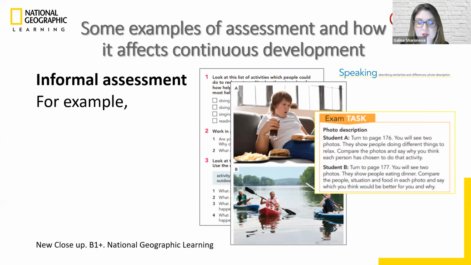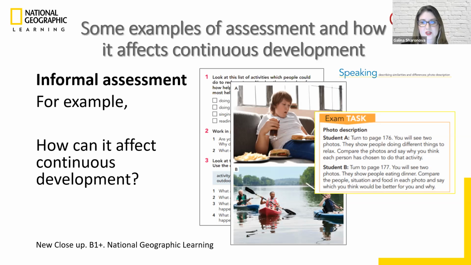It's informal assessment, but as part of their continuous development and continuous assessment, you can comment on it, like how well they have done the task. Then you can also refer to the exam assessment criteria. Then, as part of informal assessment, it's a very good idea to encourage peer assessment.